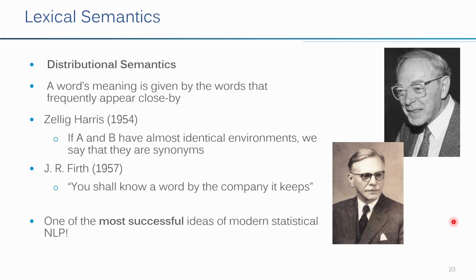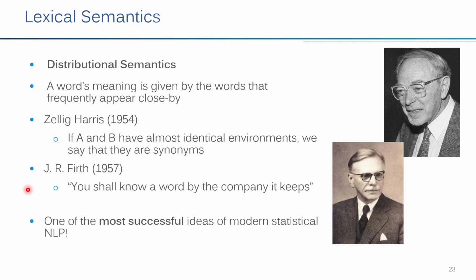And people, especially when they start talking about word2vec or word embeddings or dense word representations, usually like to use this sentence from Professor Firth: you shall know a word by the company it keeps.